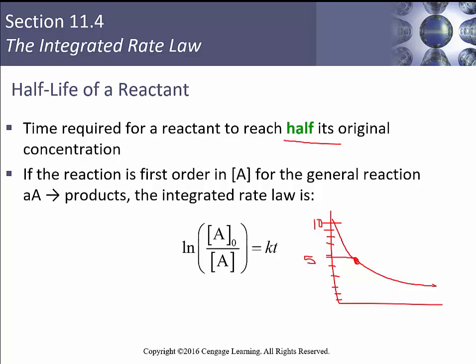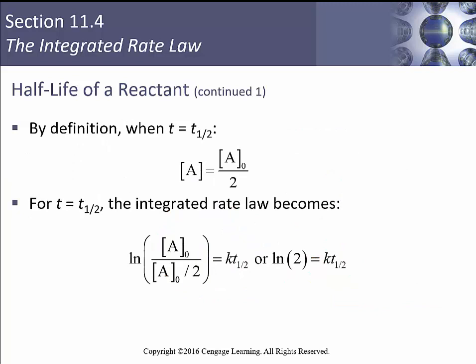So if the reaction is first order in A and we've got this general form, we know that this guy is going to be 1 and this guy will be half of that, 0.5. When we take that and rearrange it, we're going to say that our concentration of A is going to be equal to our initial concentration over 2. That's what it means to be at half the concentration.